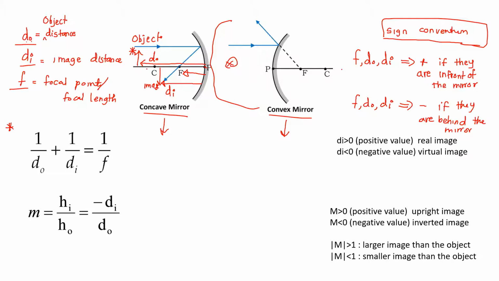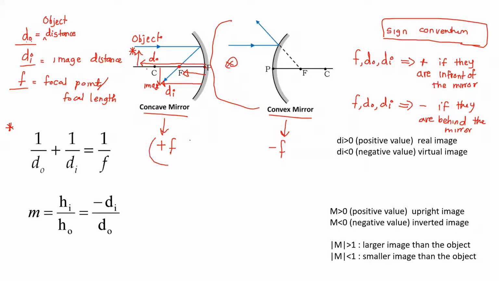So I got one correct answer. So do you agree with it? So yeah, good. So for a concave mirror, F is in front, right? It is in front of the mirror. So it is positive F. For a convex mirror, it is behind the mirror. Therefore, it is a negative F.